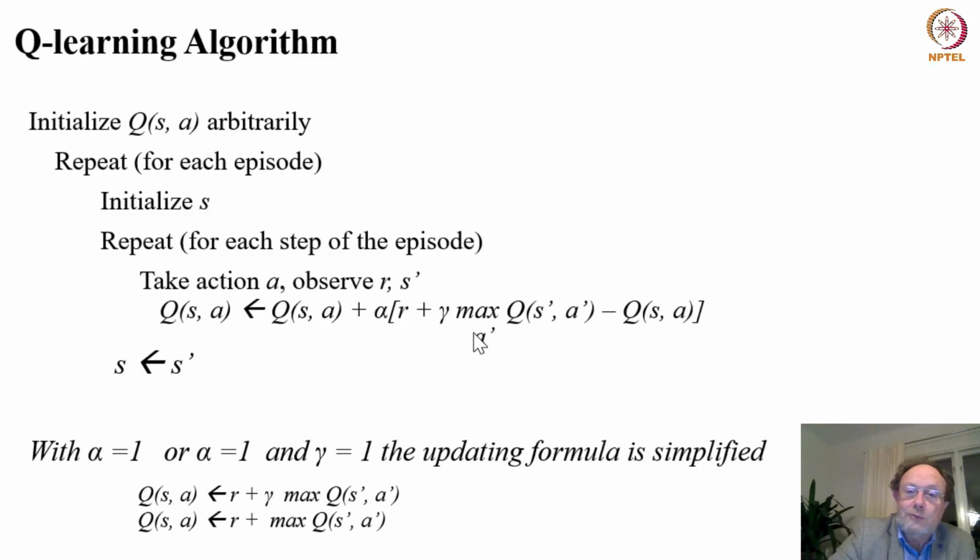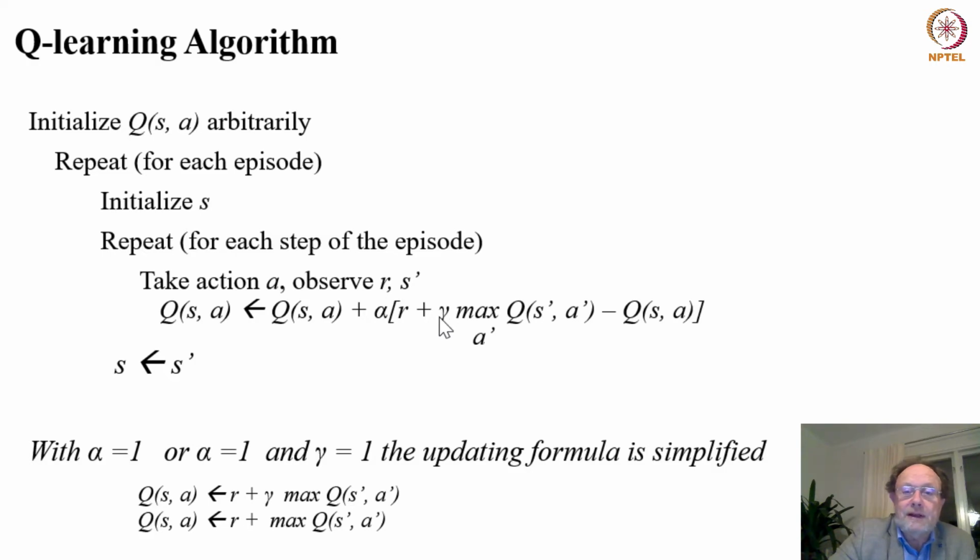So the max value over all new actions that one can take from that state, and then you subtract the old value.